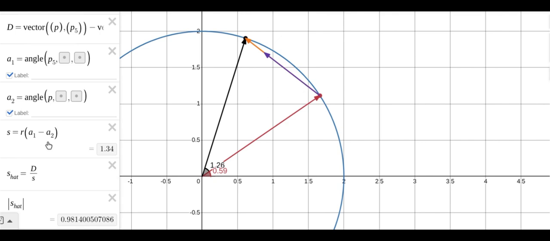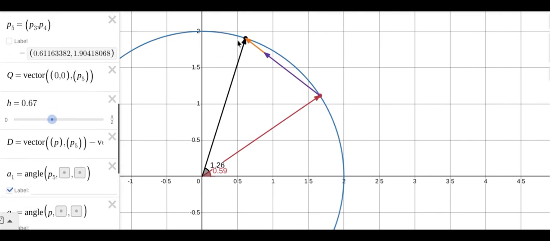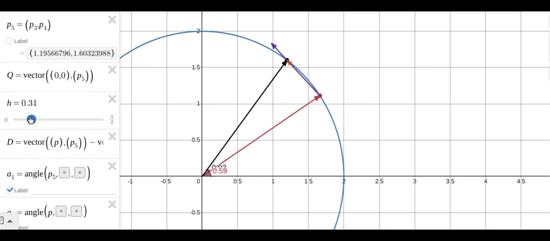Now let's start reducing the small increment change we put in, and look what happens to the blue arrow. It goes all the way down until I can't get any closer and it becomes undefined. This blue vector now is the S hat, the unit vector tangent to this curve at that point.